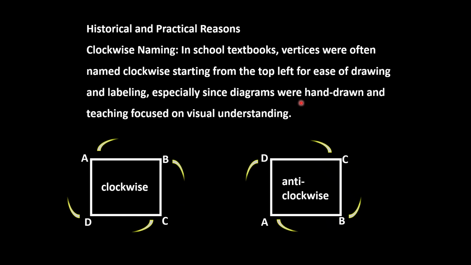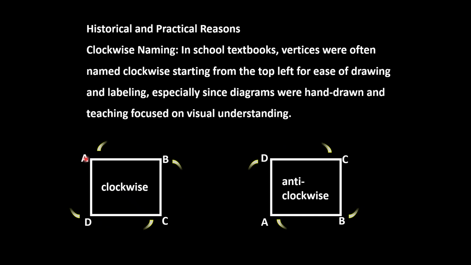So it was for ease of drawing and labeling, because the teaching focused on visual understanding and diagrams were hand drawn. For the students, it was more convenient to start at the top left, because that was the way in which they wrote English paragraphs. If they had to write an English sentence, they would always start at the top left and then move towards the right margin. So in keeping with that, they had the labeling consistency.